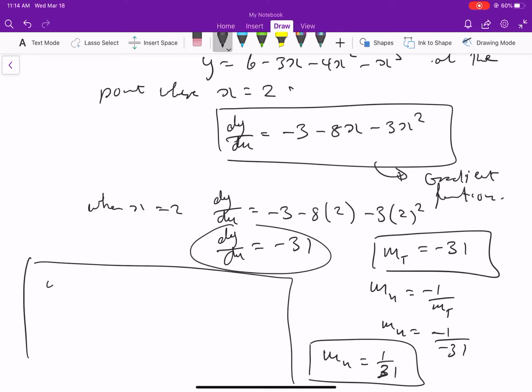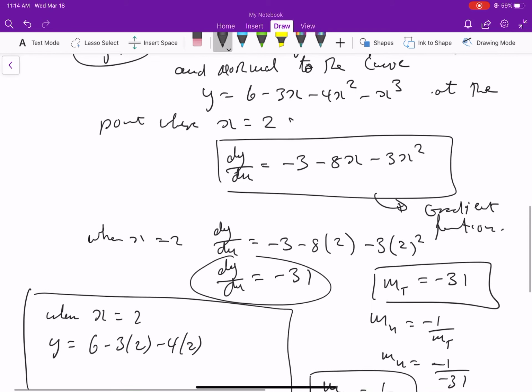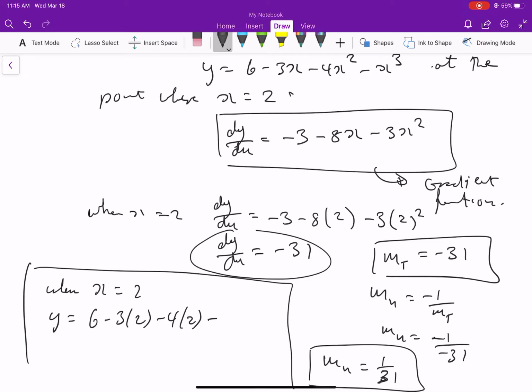When x is equal to 2, y should be equal to 6 minus 3 times 2 minus 4 times 2 squared and minus 2 cubed.